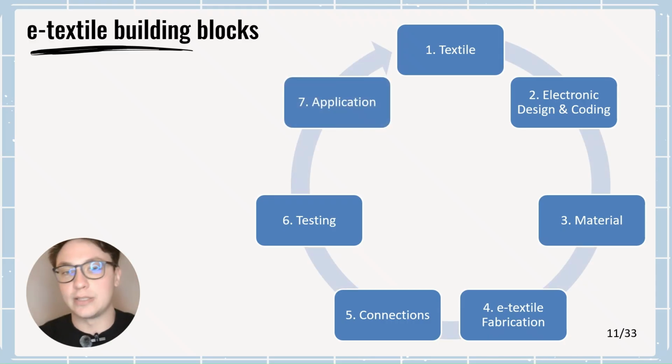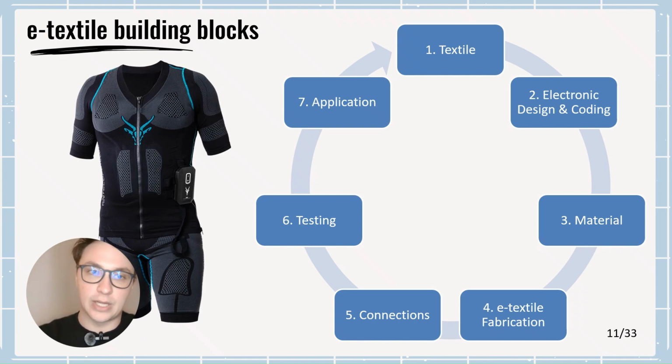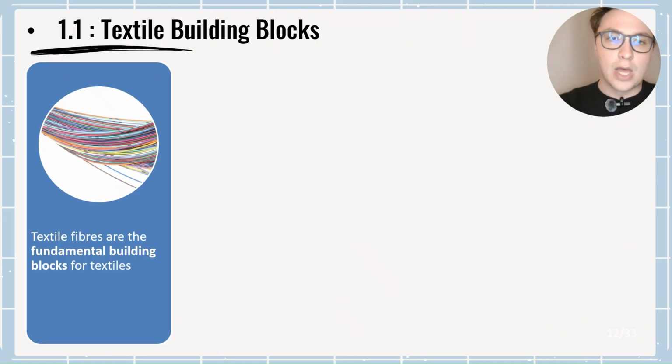And last but not least, the idea is to not only find an application, but also verify if the electronic textile we were able to fabricate is actually capable of withstanding the requirements of the very final application, as I reported here. For instance, this is a wearable device. It's a suit which is capable of monitoring human health parameters. So let's start from the basics, as promised.